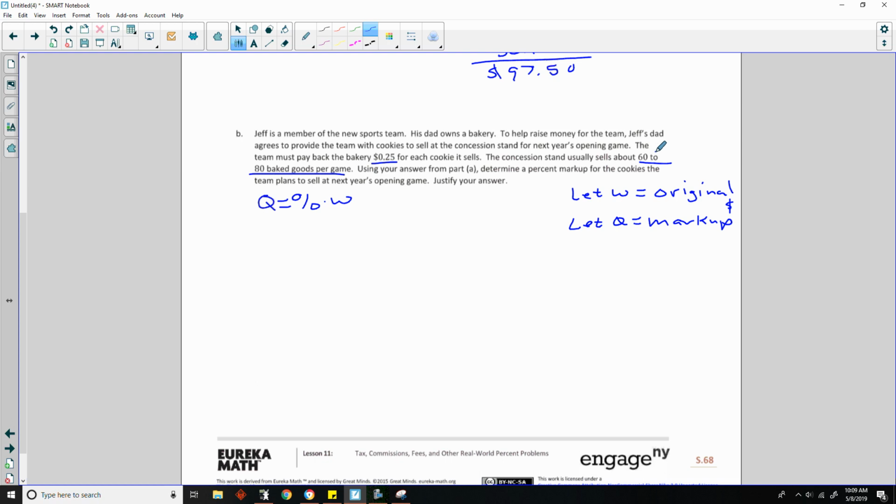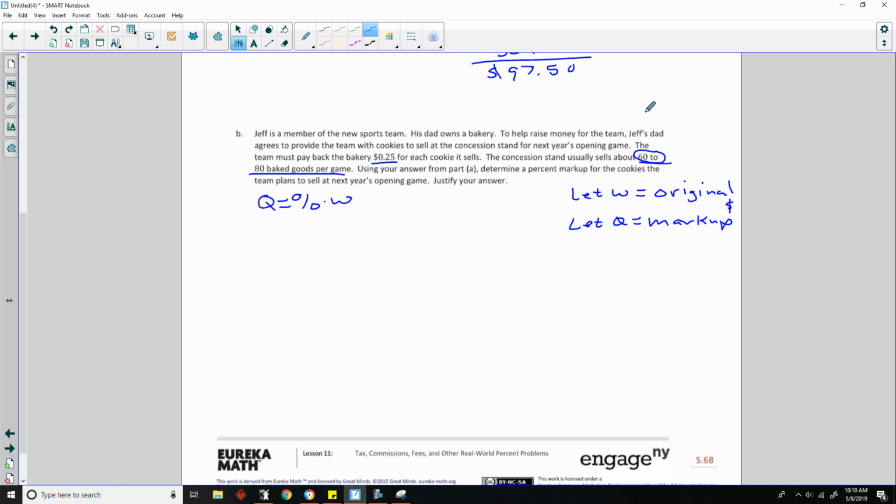And if we go with the lower amount, we don't ever want to underestimate. So if I am assuming that we're going to sell 80 cookies at a game, but we only sell 60, we're going to come up short. So let's use 60 with hopes that we sell more, but anticipating at least selling 60 cookies.